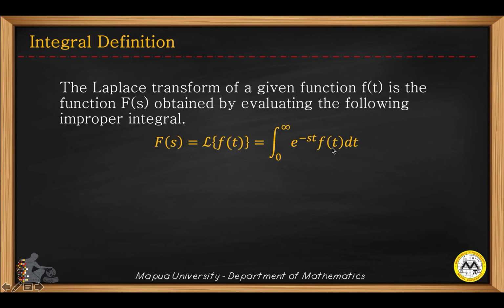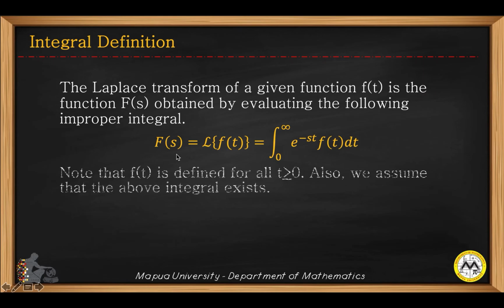We multiply f of t by e to the negative st, integrate with respect to t from 0 to positive infinity. The output will be a function of s. Note that f of t is defined only for t greater than or equal to 0, and we assume that this improper integral exists.